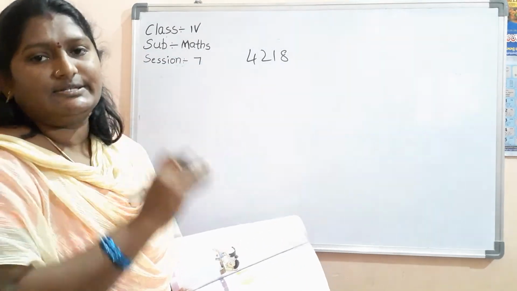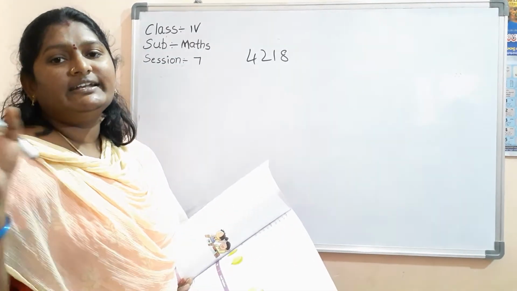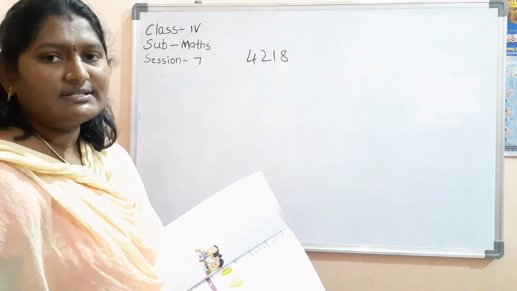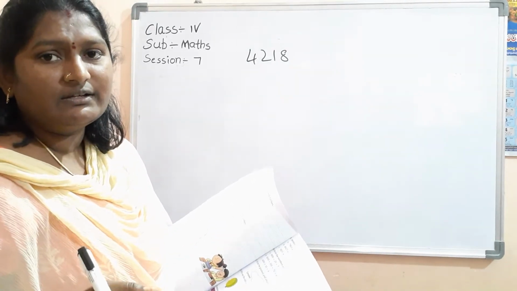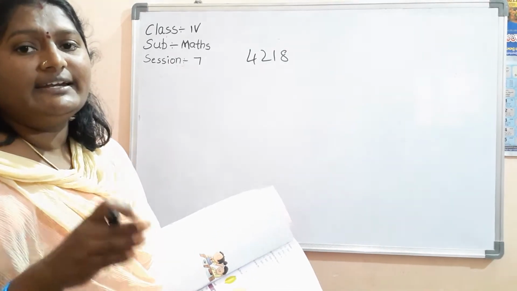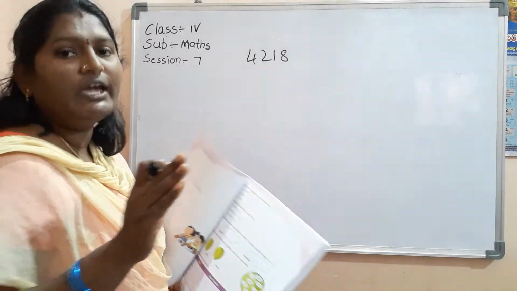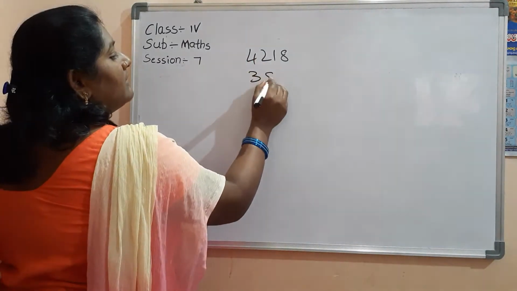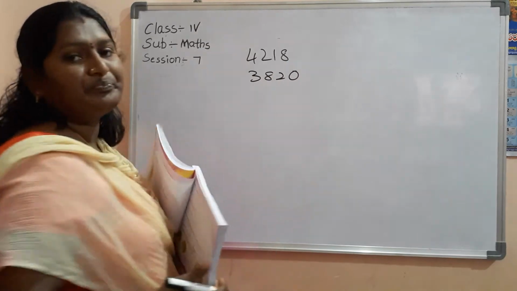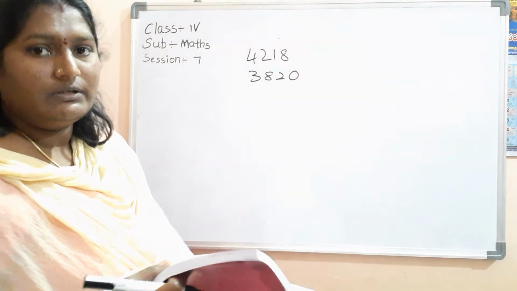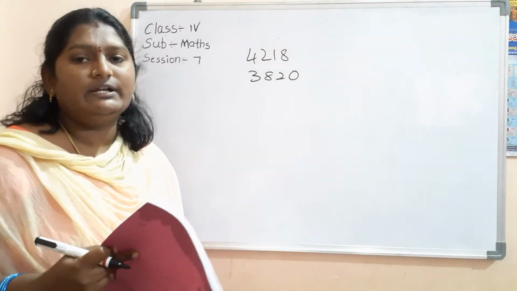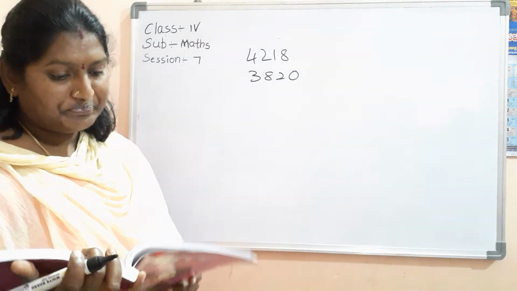3819 successor. What is the successor of 3819? 3820. Okay? 3820. Is this clear? This one also you have to write in the second blank.